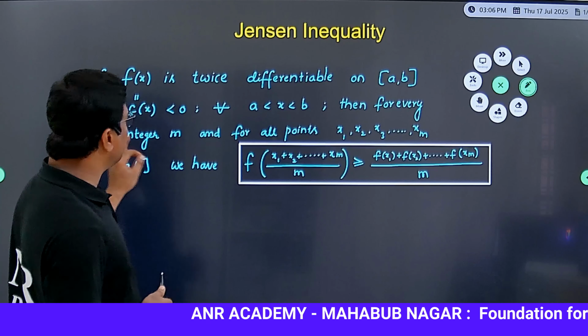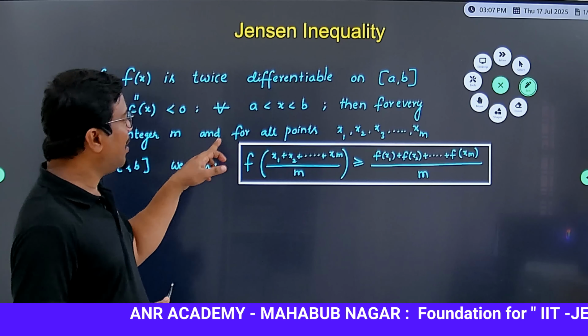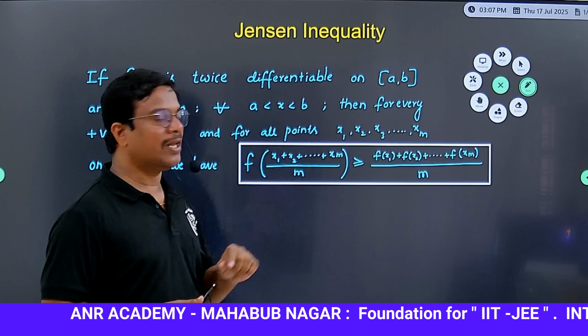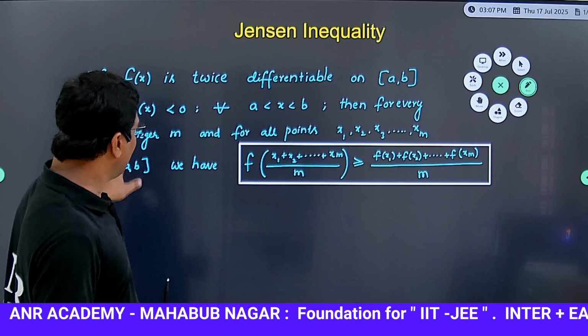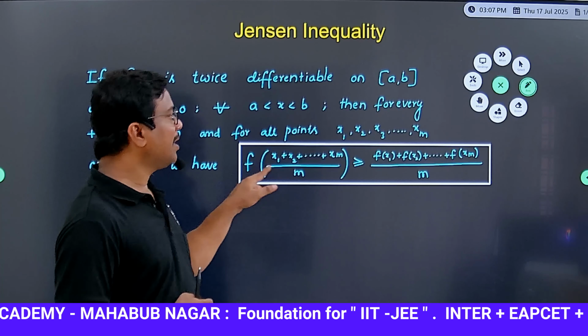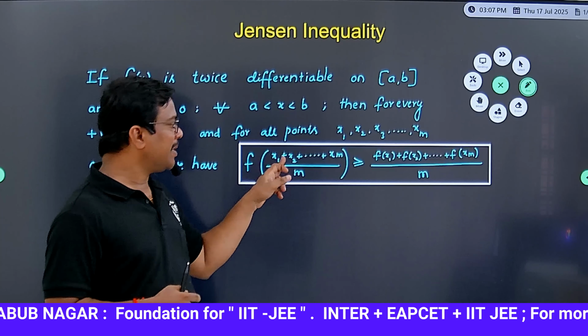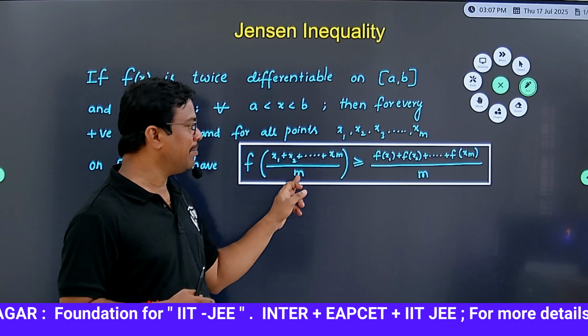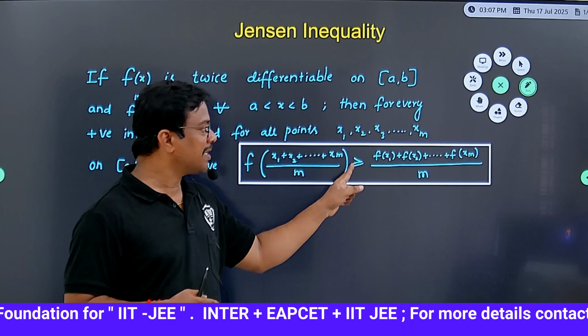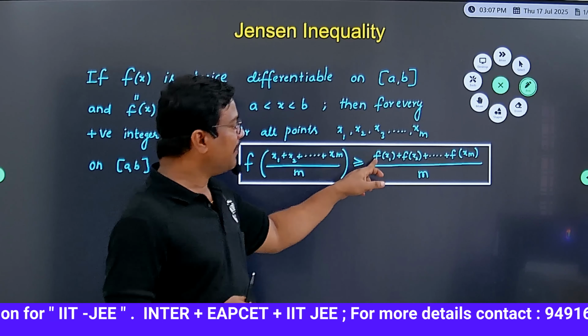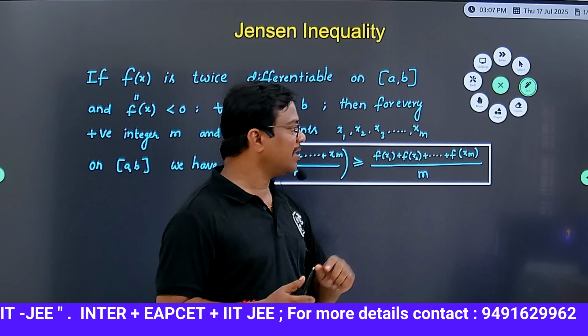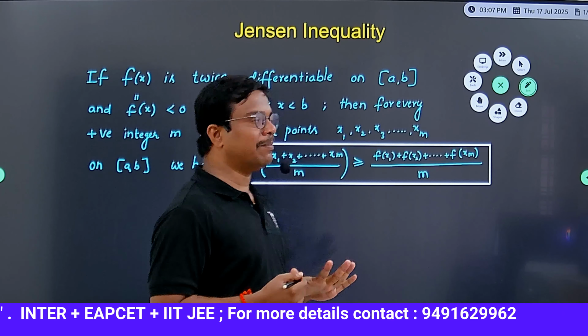Then for every positive integer m and for all points x1, x2, x3 and so on xm on the closed interval A comma B, Jensen's inequality gives f of (x1 plus x2 plus x3 and so on xm) by m is always greater than or equal to (f of x1 plus f of x2 plus and so on f of xm) whole divided by m.